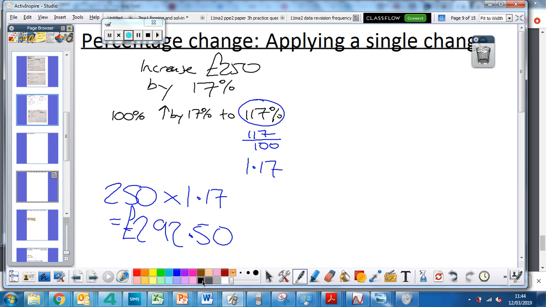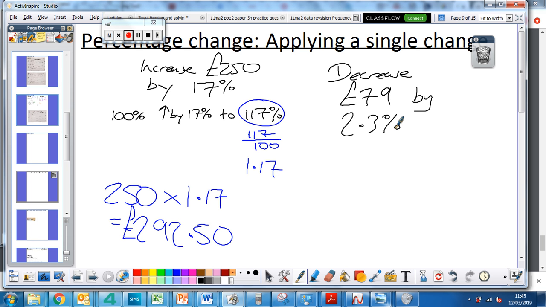What if it's going down? A decrease. Let's say we're going to decrease £79 by 2.3%. So yet again, we're going to be looking at the multiplier for this. It's a decrease.